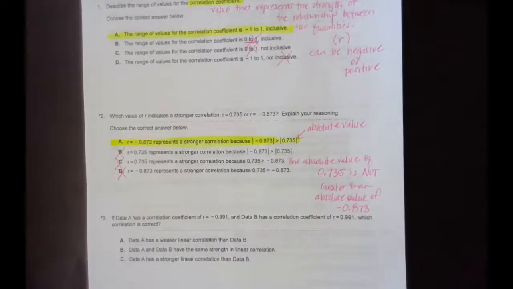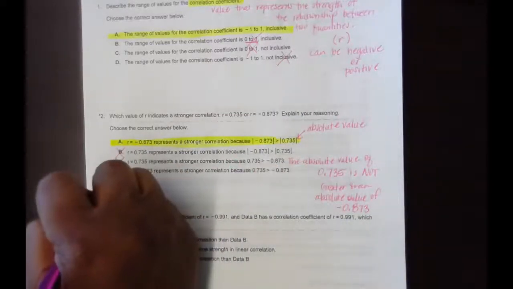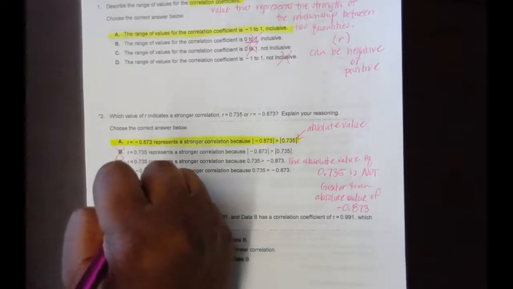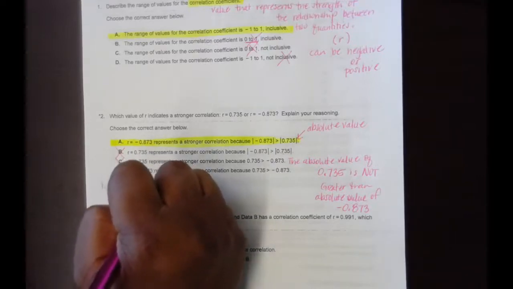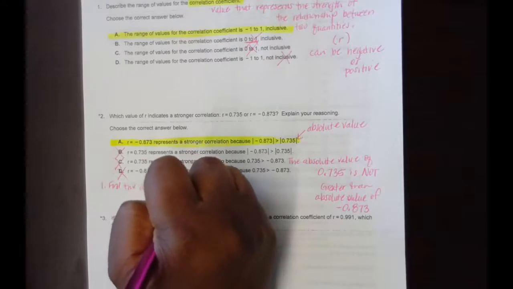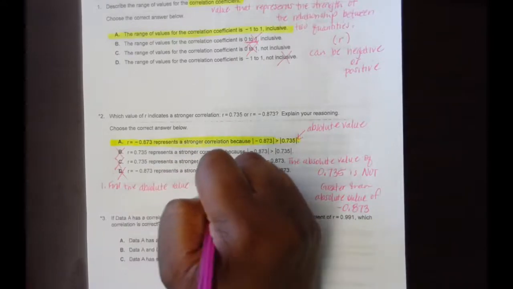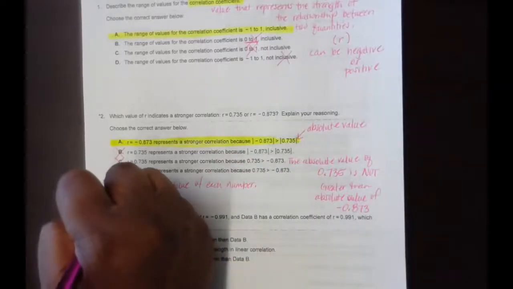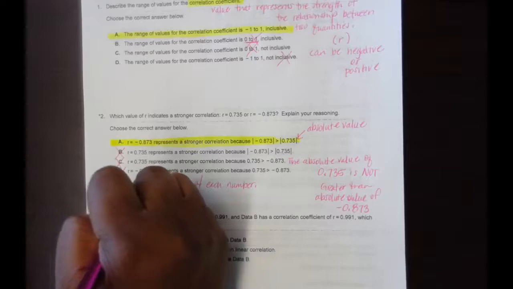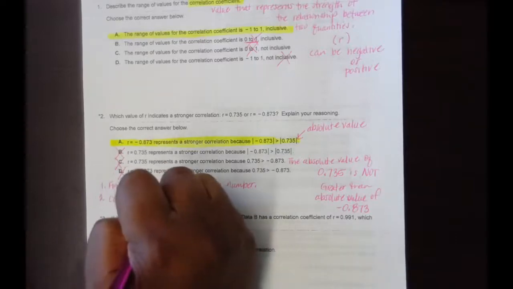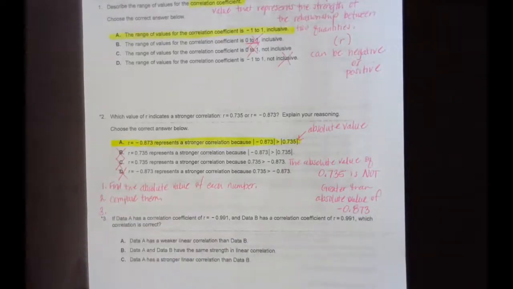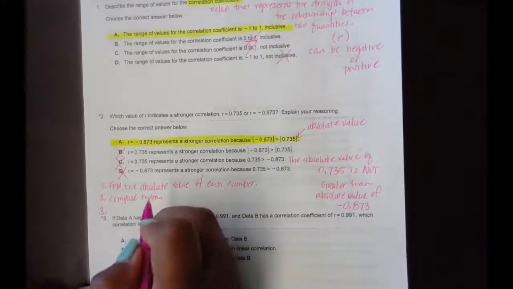So given a problem like this, the first thing you need to do is find the absolute value of each number. Compare them. And then the determination is this: the greater the absolute value, the stronger the relationship, the stronger the correlation.